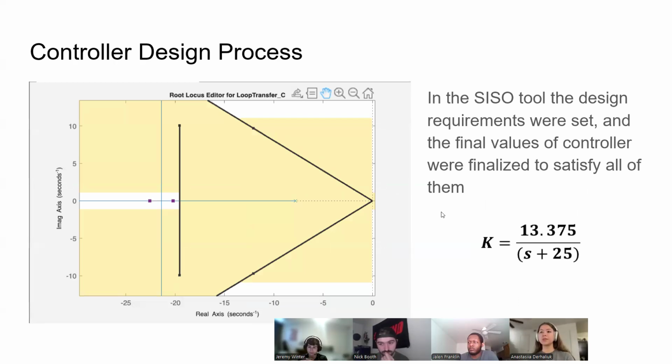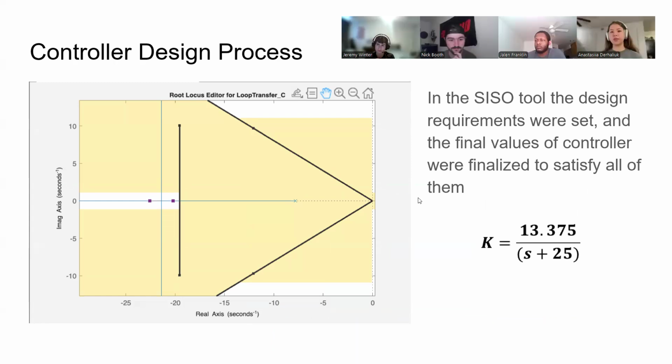So we set all the design requirements, and by changing the controller, we were able to satisfy all of them, and our final value of the controller is 13.375 over s plus 25.